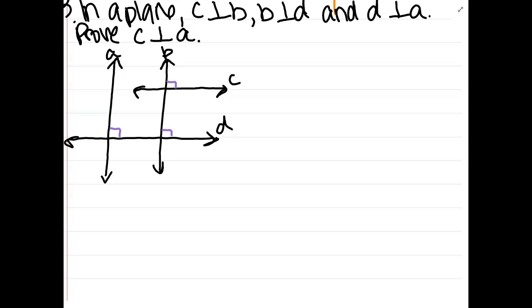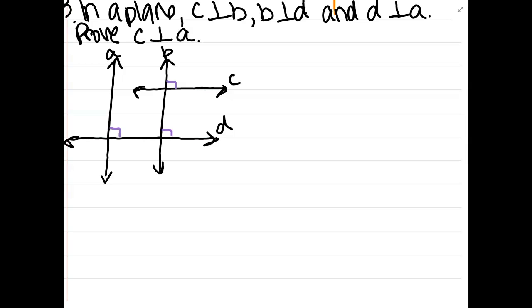Here's the thing: if these are parallel, and D is perpendicular to A, that's that other theorem we talked about. If you have parallel lines and one is perpendicular, the other one has to be perpendicular. So that's our game plan. Does that make sense? Okay, so let's put that in words.